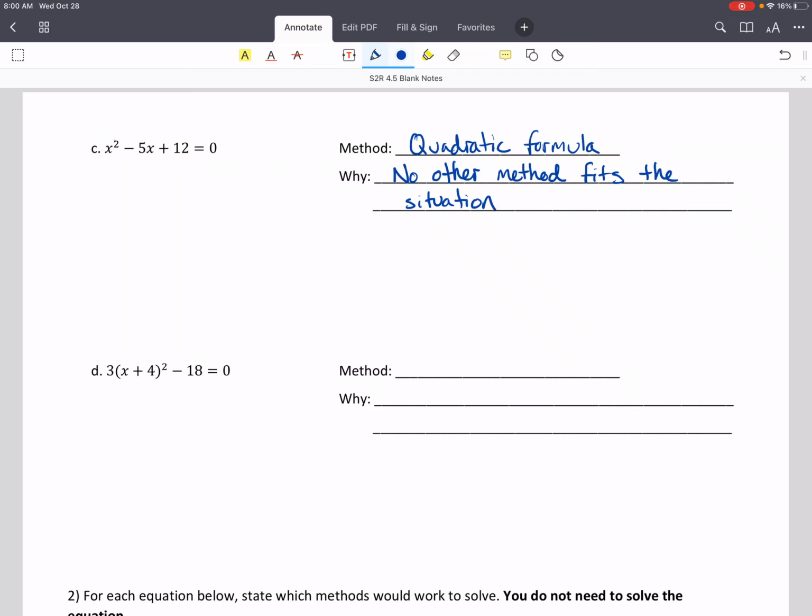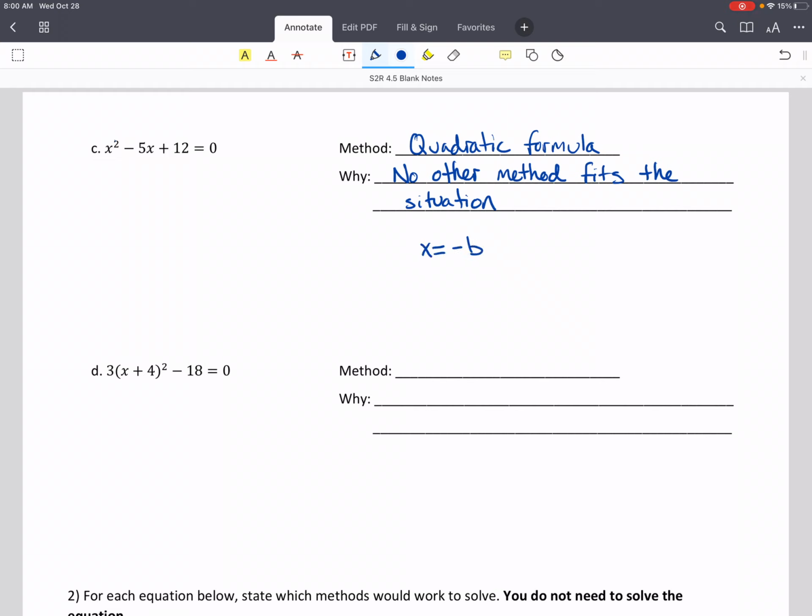No other method fits the situation. I didn't say no other method works because, I mean, you could complete the square on it, but then we'd have to deal with fractions, and nobody wants to deal with that, so we're just going to go with quadratic formula.